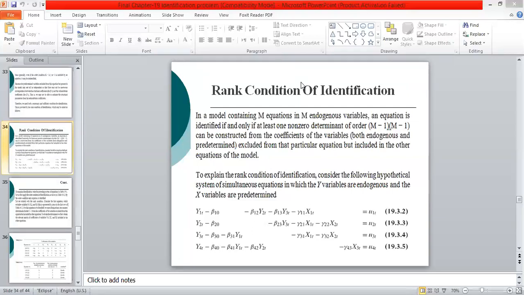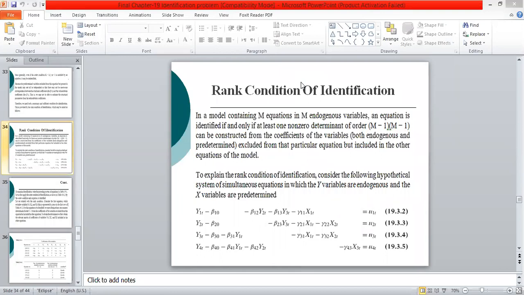Let's say the model is based on three equations. It means there are three endogenous variables. So m minus 1 by m minus 1 means 3 minus 1, which is 2, so 2 by 2.